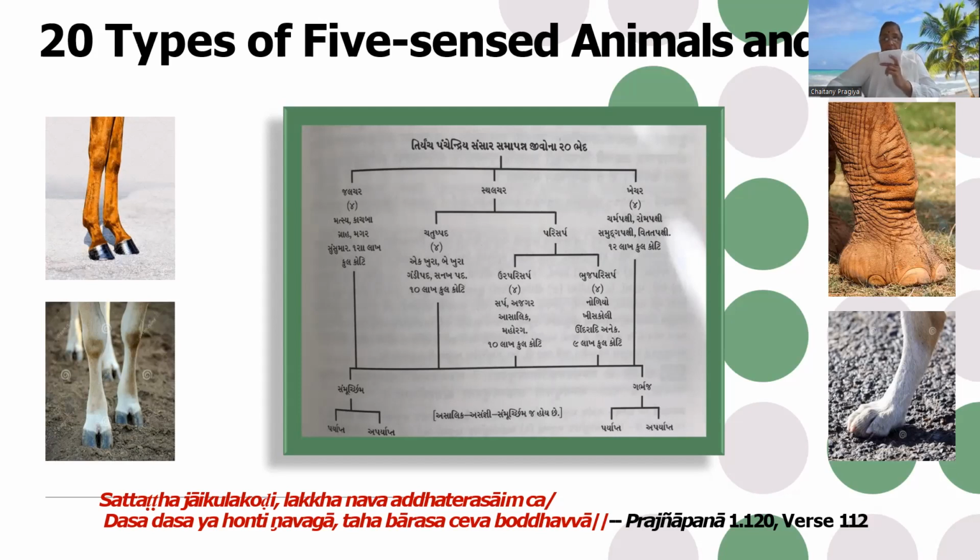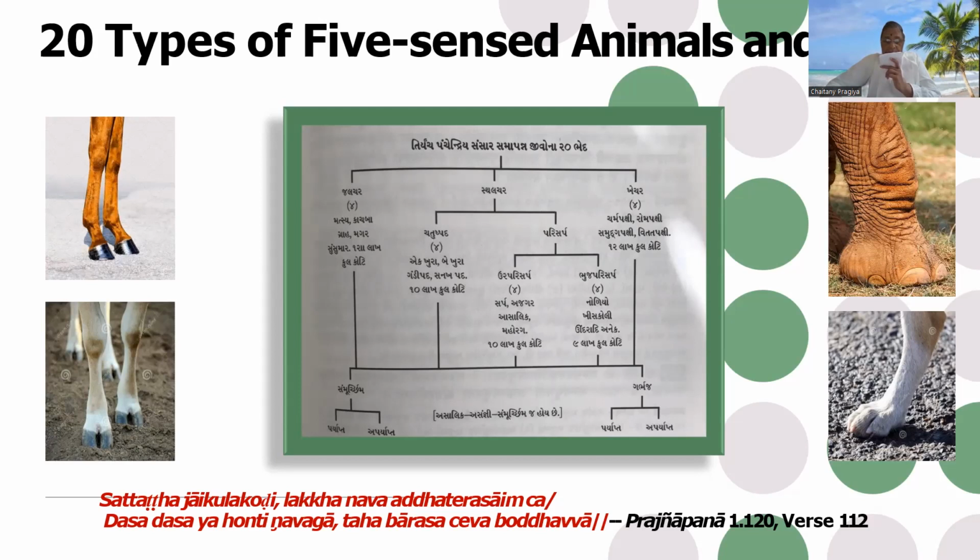Now we can see that the Khechar, Jalchar, and all the different types of terrestrial five-sensed animal beings and birds are again of two types. One is called Samurchim and the other is called Garbhaj. Samurchim, as we have seen, are those bacteria or germs that take birth in the urine and other excretory things coming out of animal bodies.